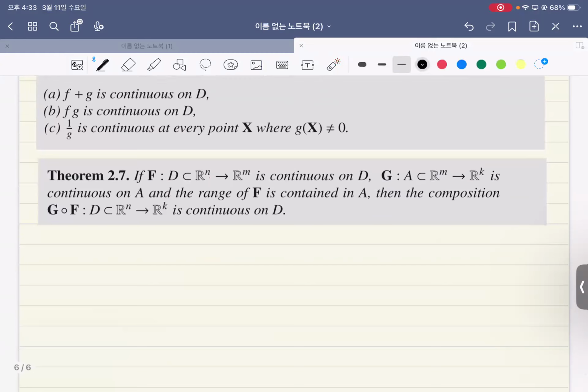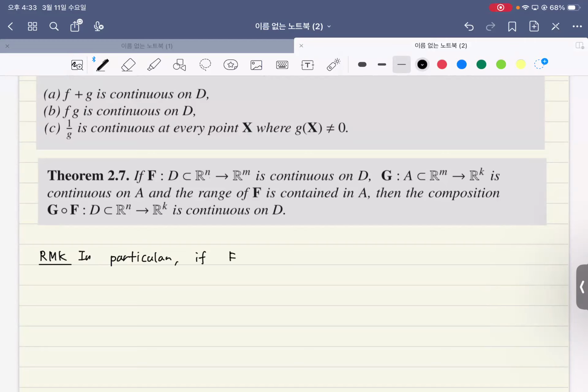Just one more thing to add. Because of this last theorem, theorem 2.7, this theorem can be used especially when you try to prove some function is not continuous. Just like this.